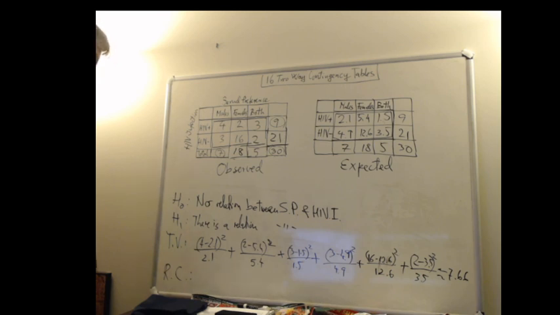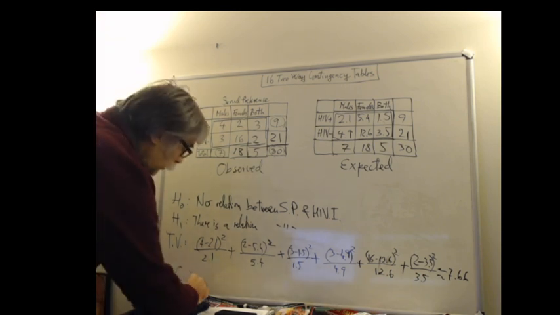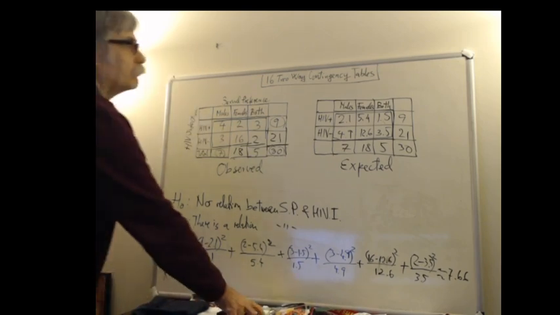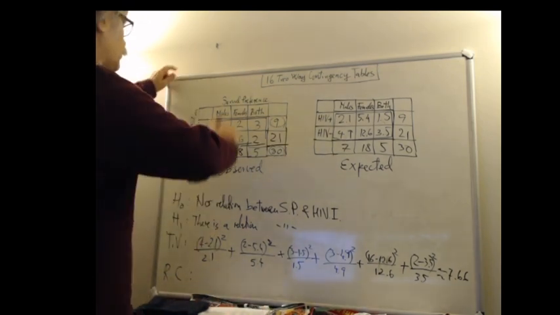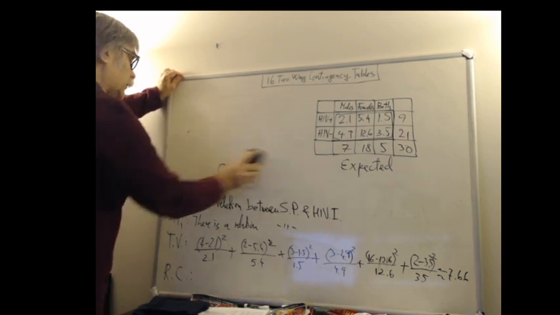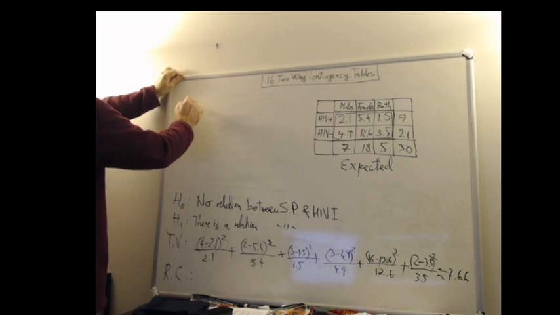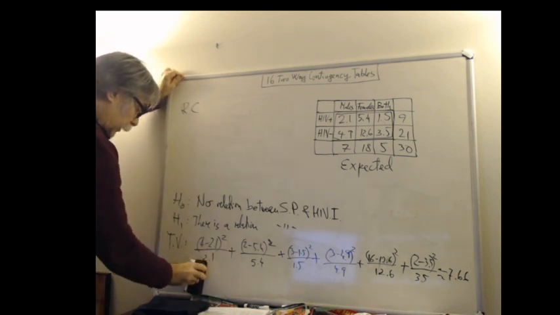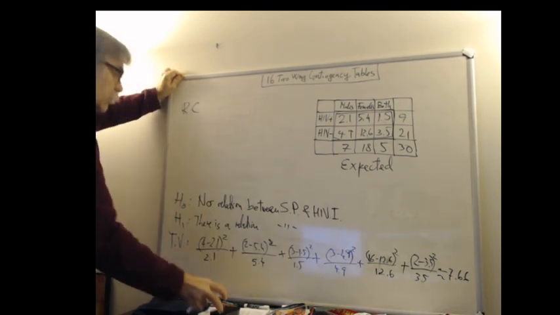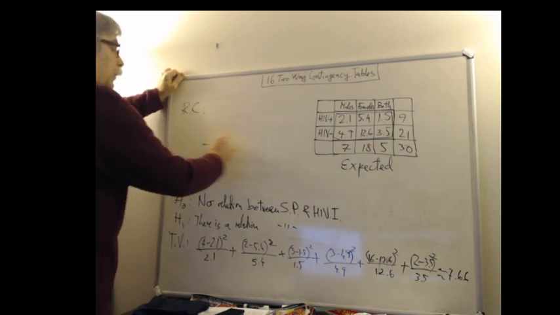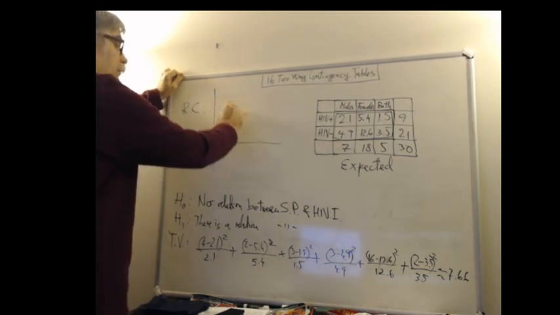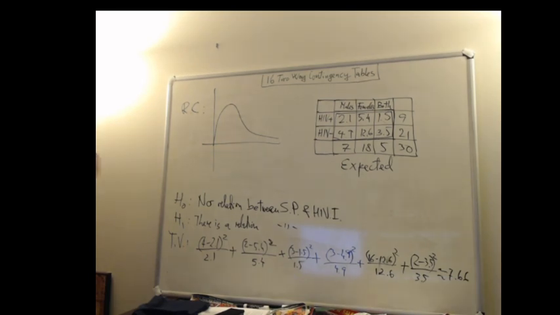And that right tail must be chi-square with 2 degrees of freedom. So the RC, I don't have enough space here, will be the chi-square variable, something like that. It doesn't have to be precise, but you need to know what you're doing.